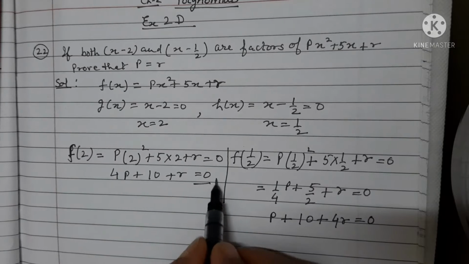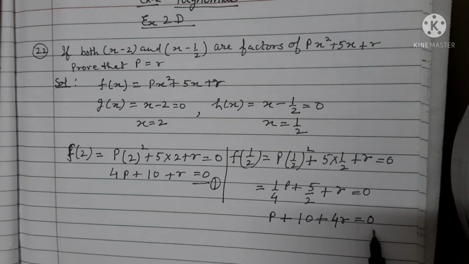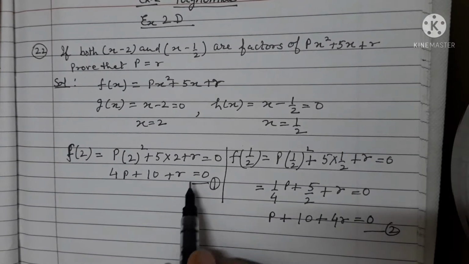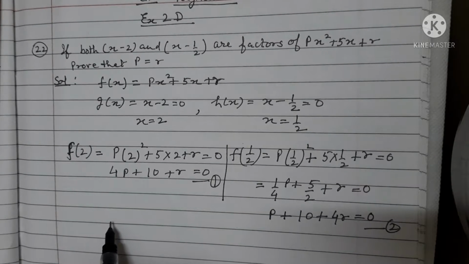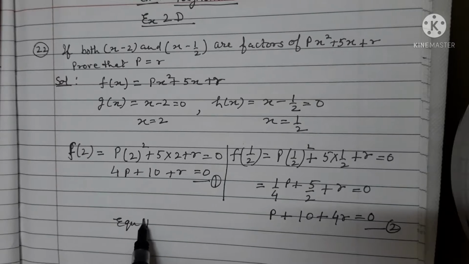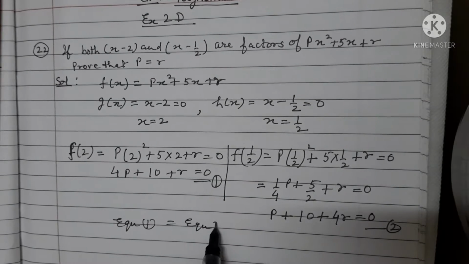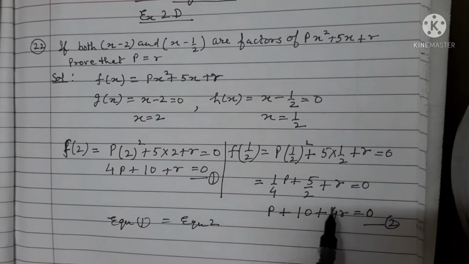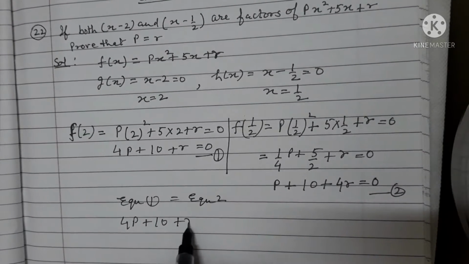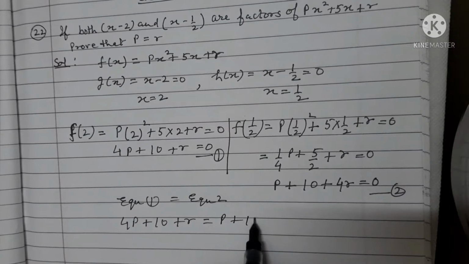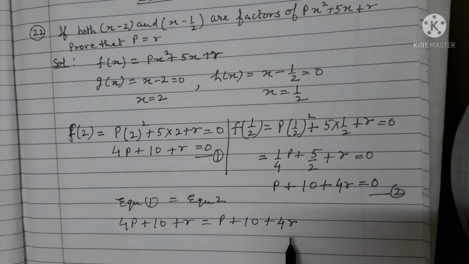Now this is the first equation and this is the second equation, both equal to 0. So equation 1 is equal to equation 2, because both are equal to 0. Now 4p plus 10 plus r is equal to p plus 10 plus 4r.